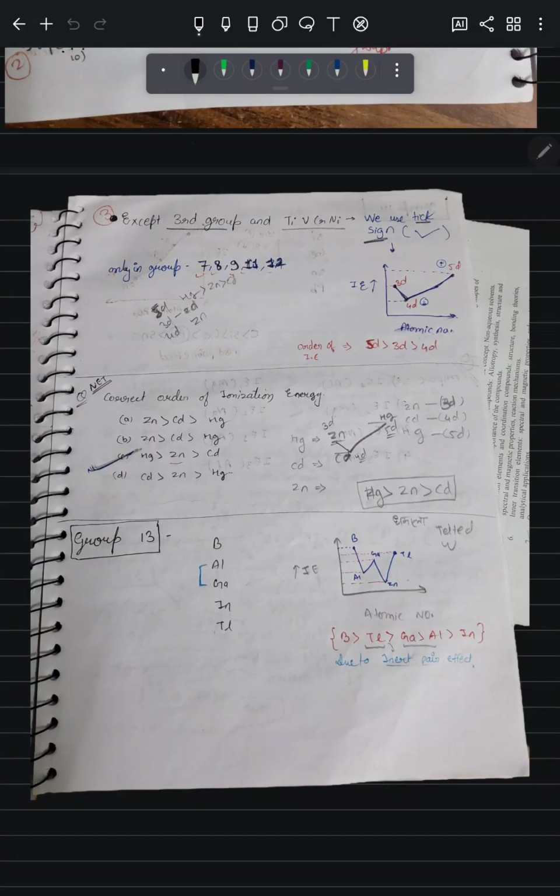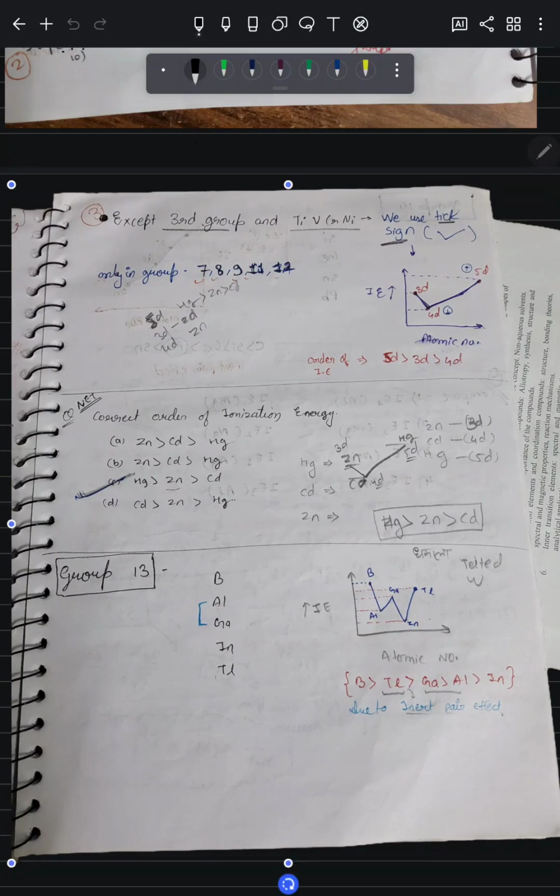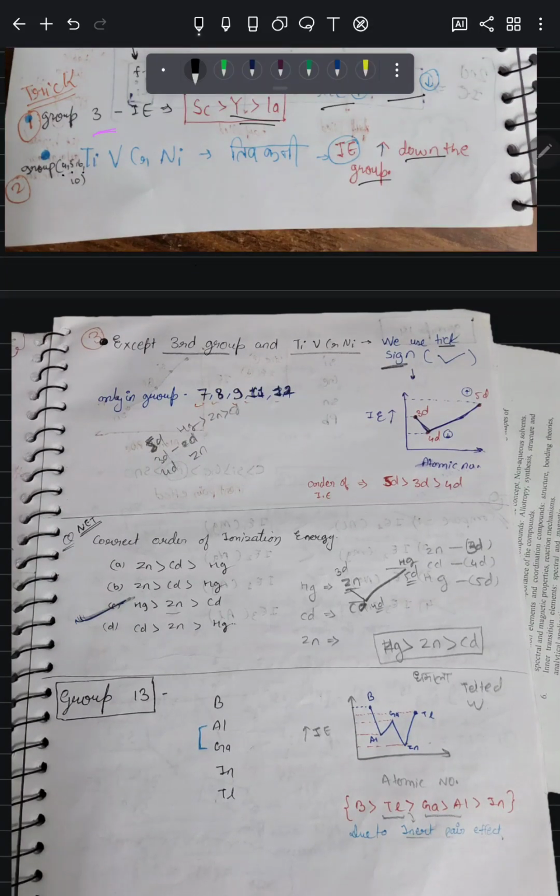Now let's see for the third group. For the third group that is present, only the exception third group and Ti, V, Cr and Ni, we can use this sign.